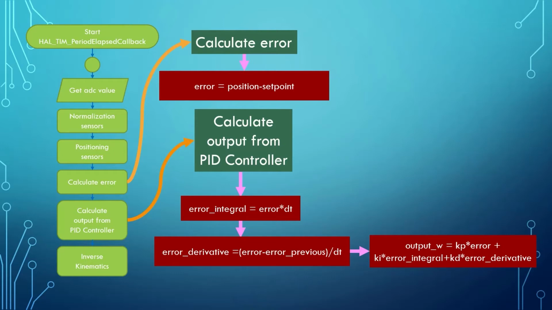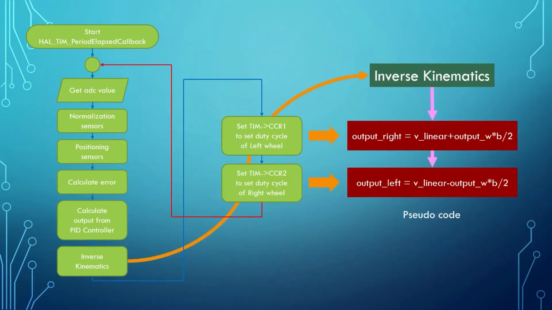After that we move on to the next slide. Yeah, we have inverse kinematics: output right equals the linear plus output over 2, and for output left we use the linear minus output over 2.